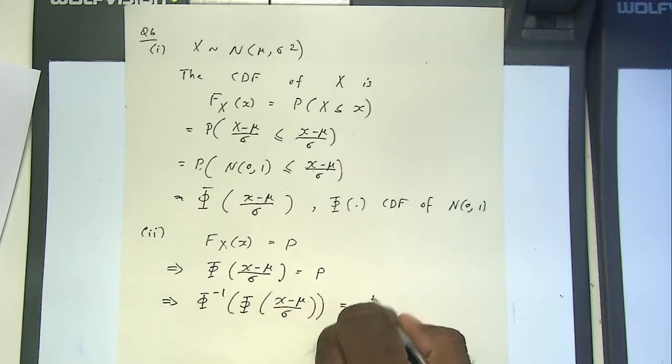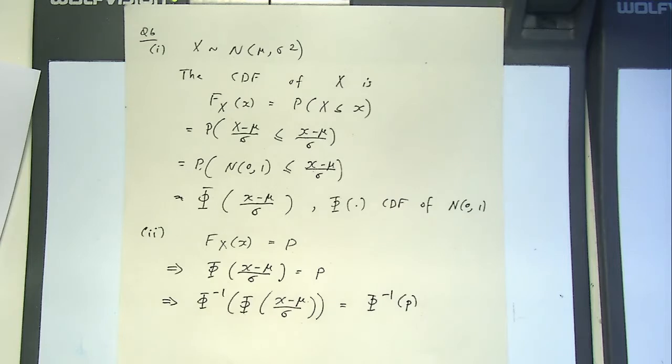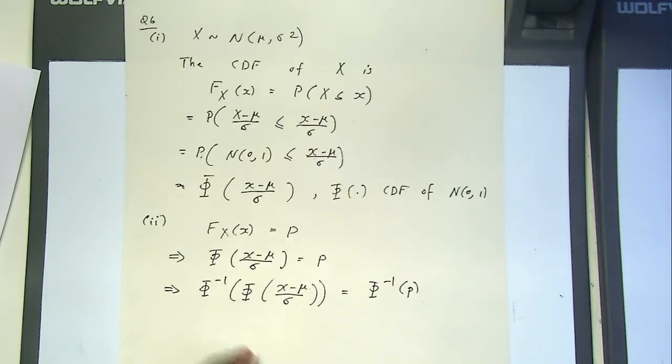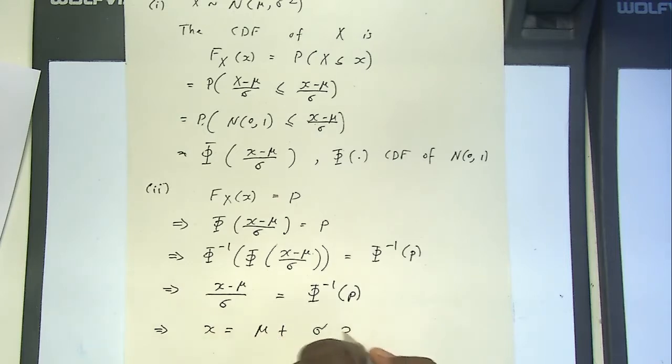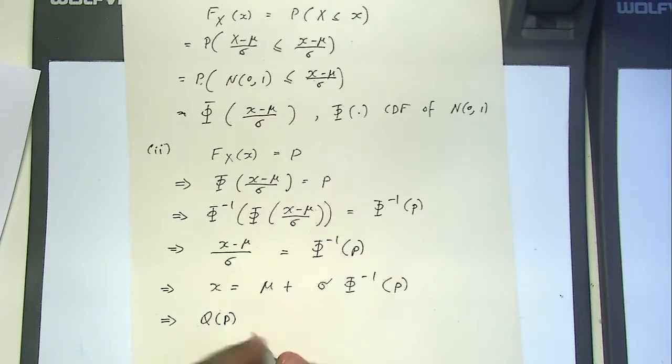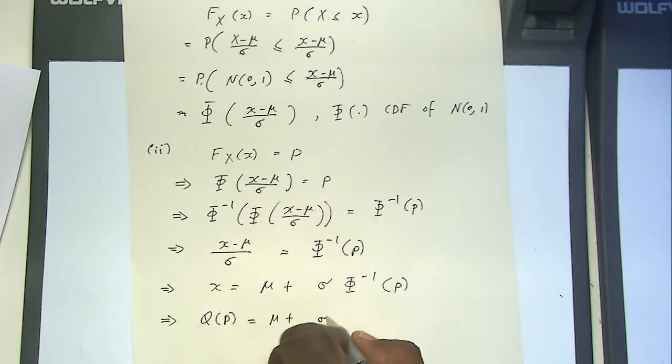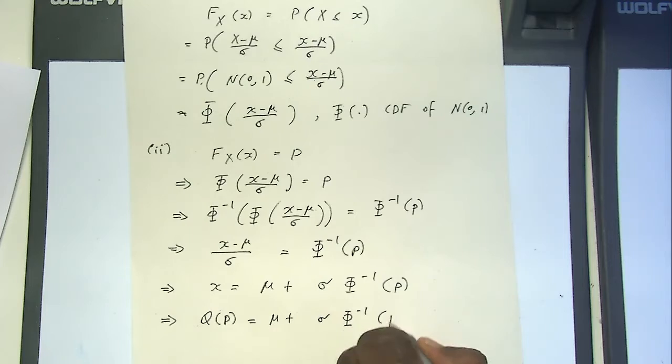This is what you will get, where phi inverse is the inverse function of phi. So the left hand side becomes (x minus mu) by sigma equal to phi inverse of p. If you rearrange this, you get x equal to mu plus sigma times phi inverse of p. So in other words, the quantile function at p is equal to mu plus sigma times phi inverse of p.